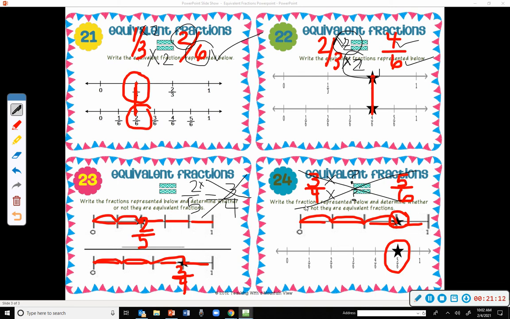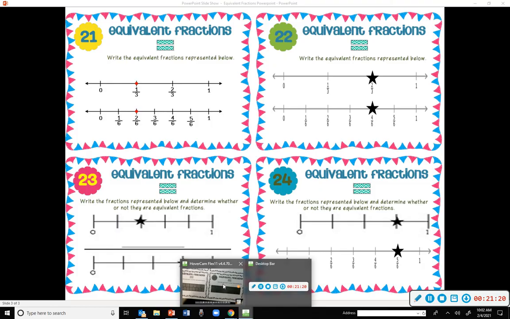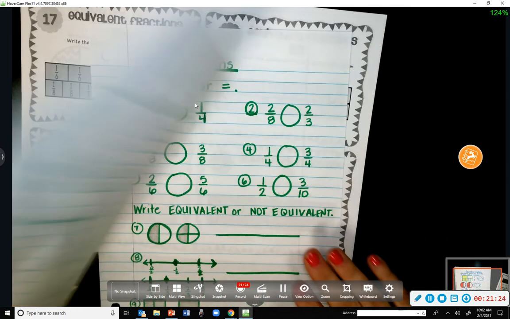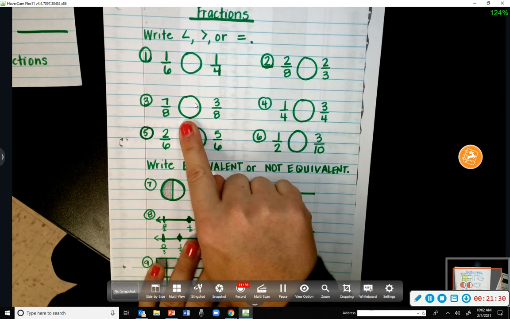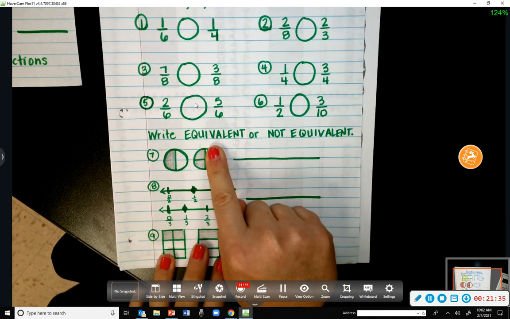Okay? So now what you guys are going to do, you're going to get an assignment that looks like this. Let's review real quick everything we've learned. This is what we learned the first 3 days, and then equivalent fractions is what we just worked on today.